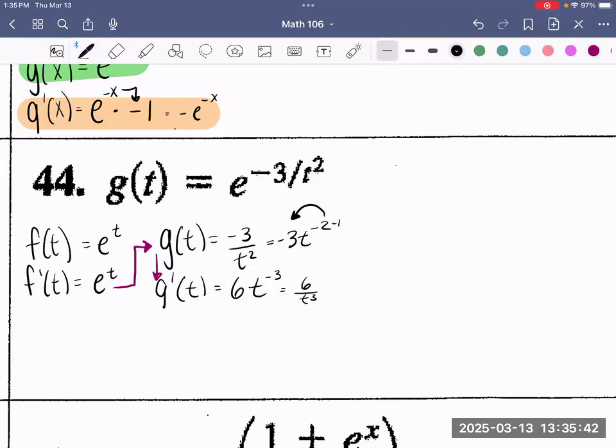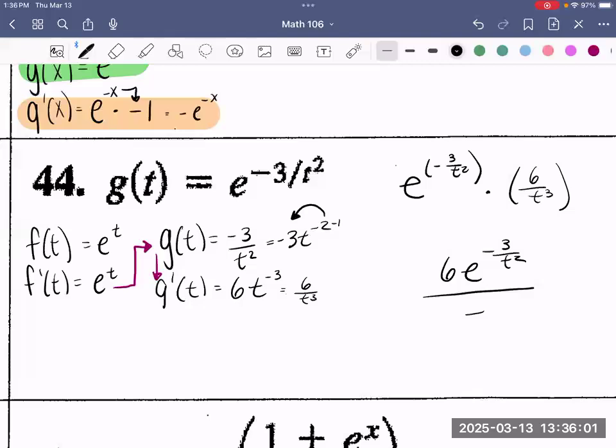So for us, if we just have e to the t, t is really -3 over t squared. So it's itself times the derivative of 6 over t cubed. So altogether, we have 6 e to the -3 over t squared all over t cubed.